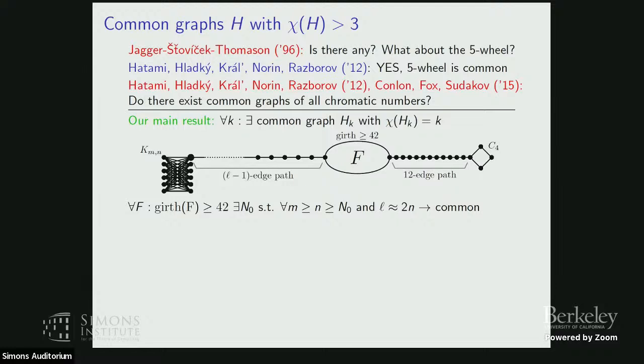Well, there is another well-known result of Erdős that for any girth G and any chromatic number K, there is a graph that has girth G and chromatic number K. So in particular, I have candidate graphs F that have a large chromatic number and unbounded girth, so in particular girth larger than 42. And if I attach something to them, I will definitely not decrease their chromatic number.